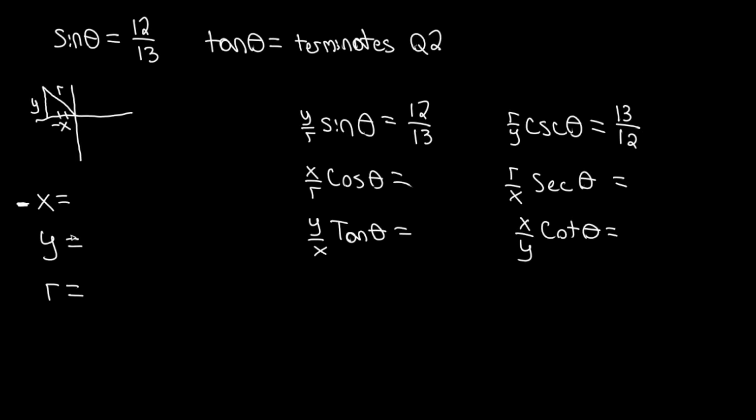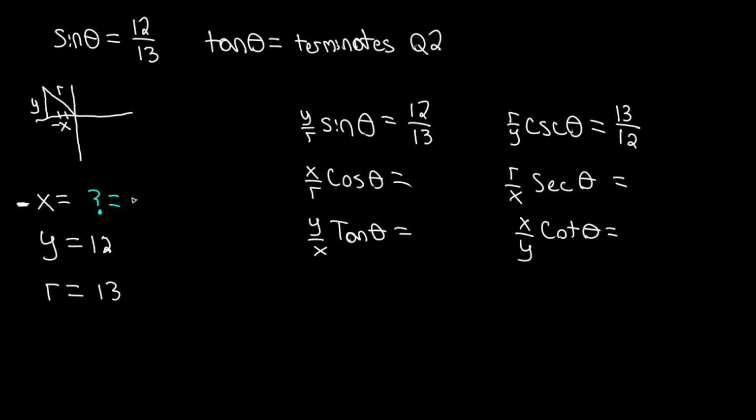So what's our x, what's our y, what's our r? Well, we know that sine is y over r, and it's 12 over 13. So y is our 12, and our r is 13. So what is x?